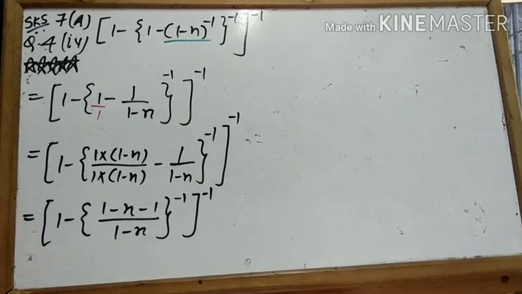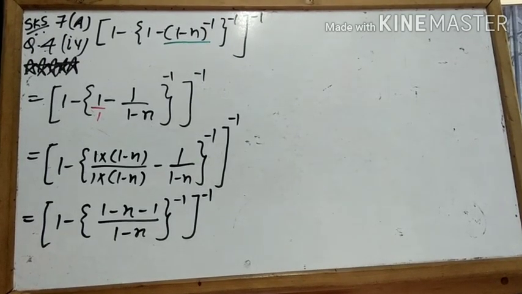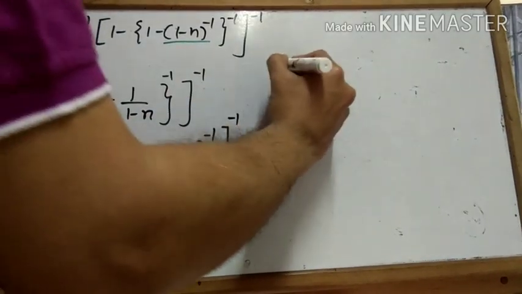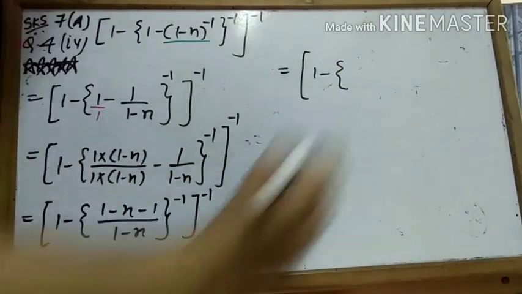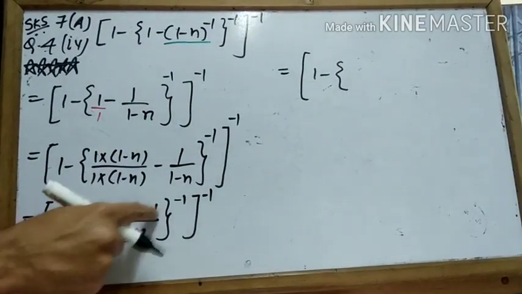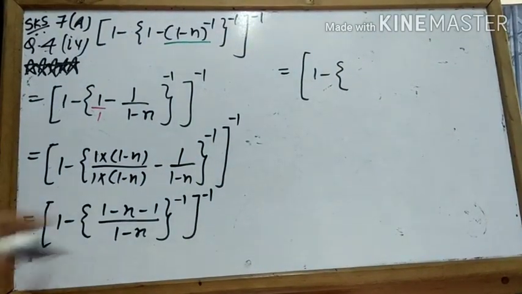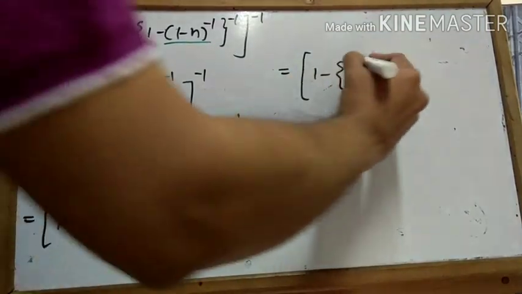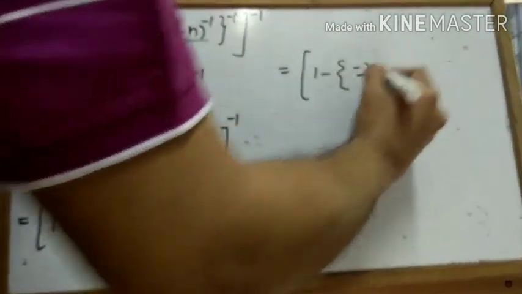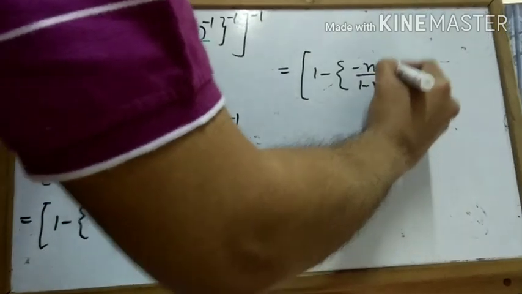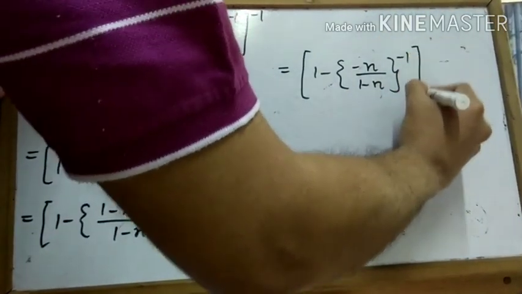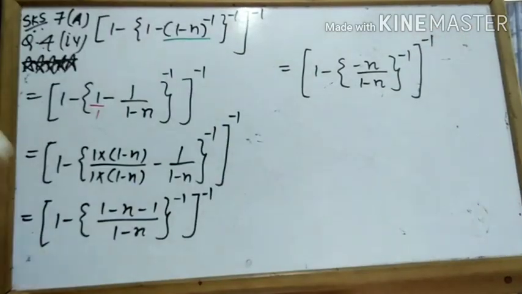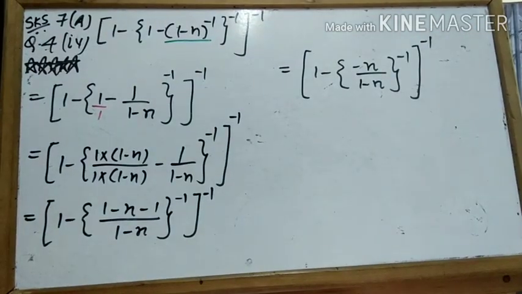My dear friends, as I told you, you require a lot of patience, a lot of focus over here; concentration, patience, everything will be tested. 1 minus n minus 1. So 1 minus 1 becomes 0. So what is left over here is negative n over 1 minus n, whole raised to negative 1. And the square bracket gets over, raised to negative 1.